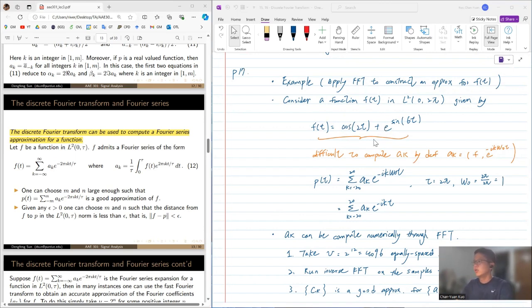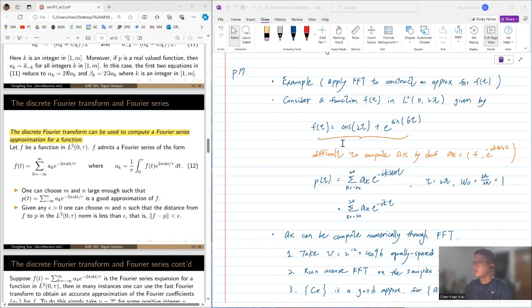Now we would like to obtain an approximation for this function, PT, which is given by the summation of ak times e to the i k omega t, with k from negative 20 to 20. In order to compute this approximation, we would have to determine the Fourier coefficients ak.